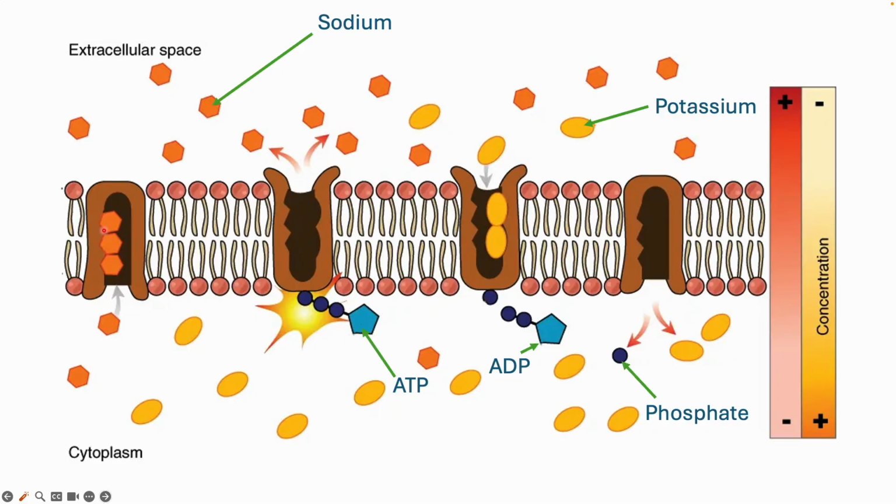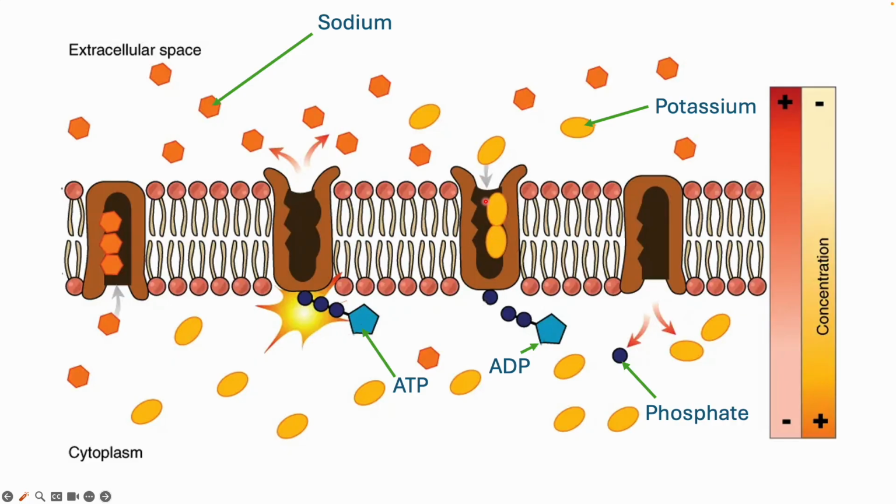It binds, then you have ATP binding in, going through hydrolysis. This changes the conformation of the protein so that the channel now opens to the extracellular space, and it releases the sodium ions.